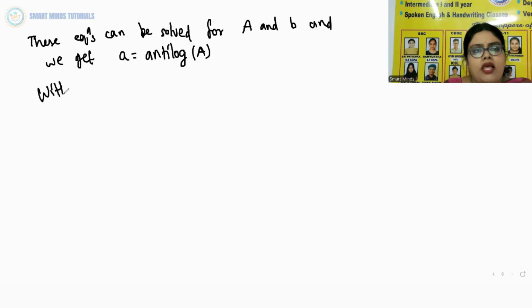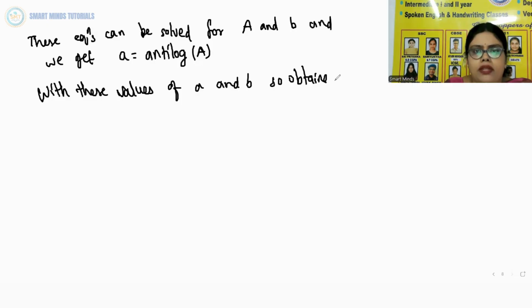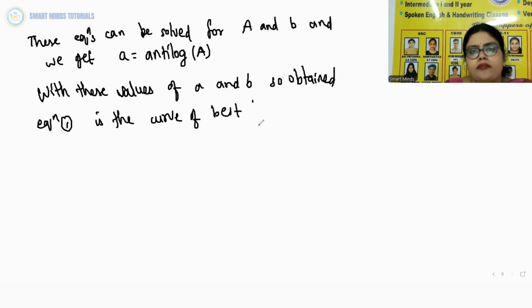Now with these values of a and b, the so obtained equation number 1 is the curve of best fit to the set of n points.